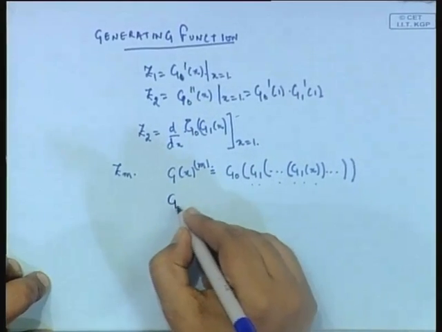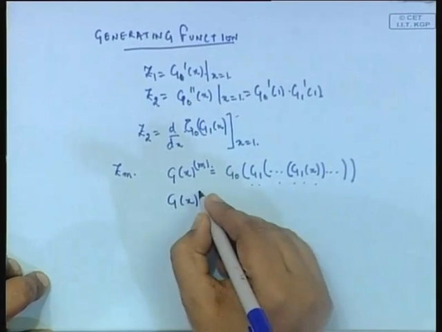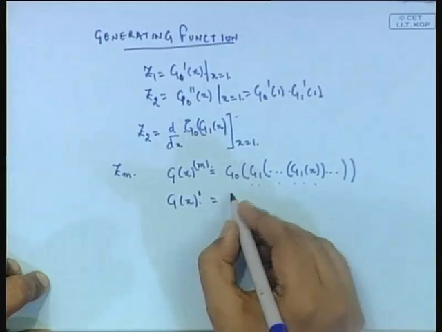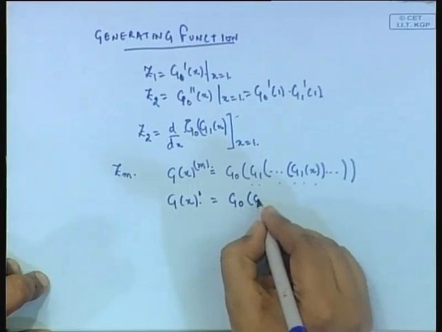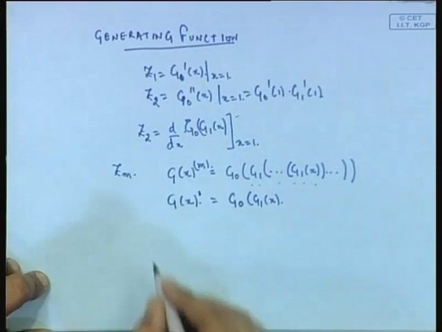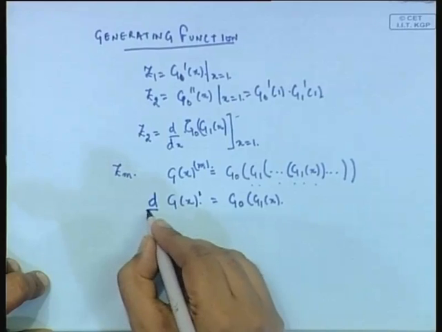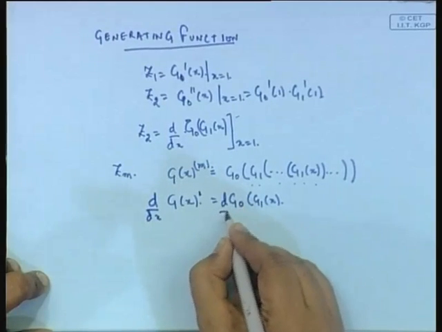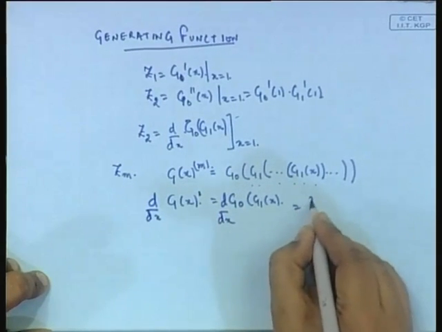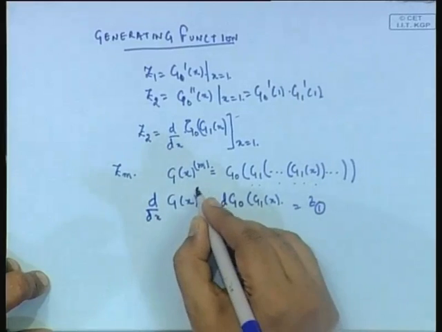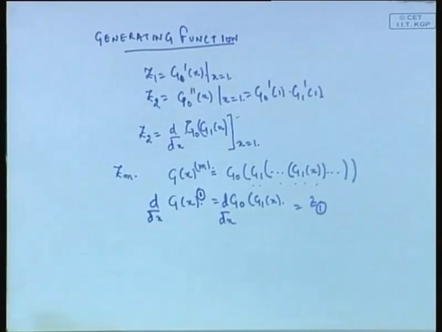Then you took d dx and got Z1, so this one and this one are related.